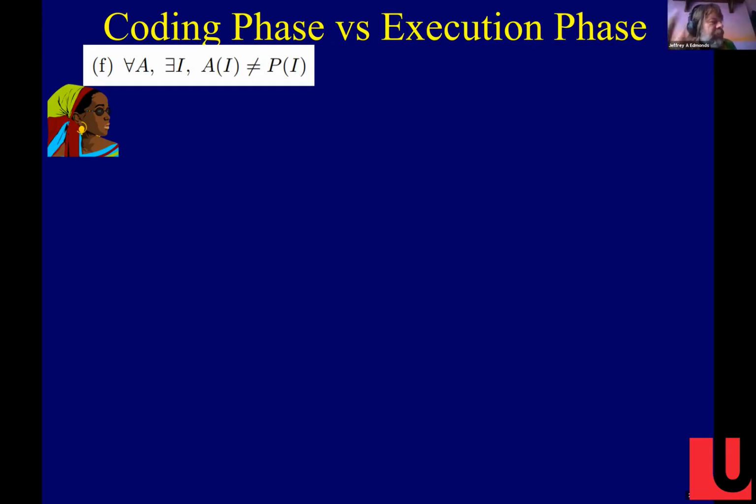If we're trying to prove it's true, then the prover is coming up with a strategy in which the prover can win. And when you're coming up with a strategy, we don't actually have the adversary around. So we say, let A be arbitrary, then I tell you what I is, and I is a function of A.